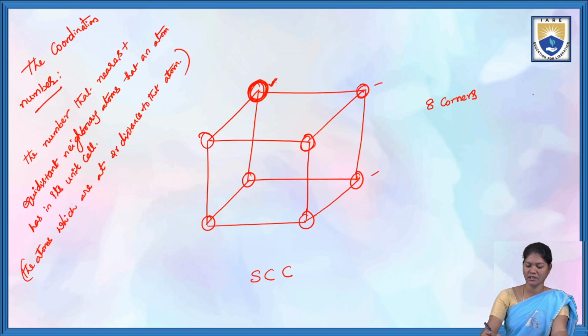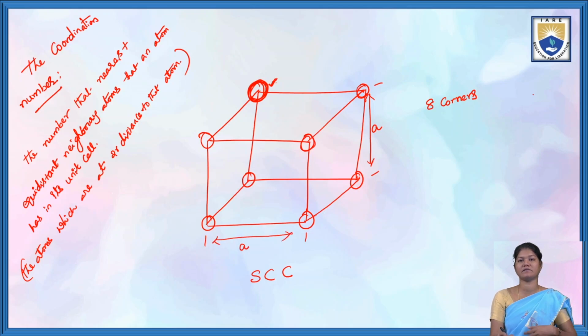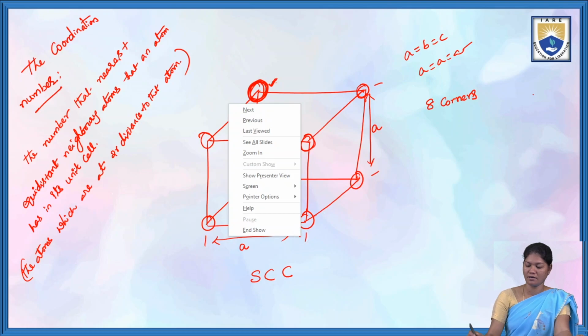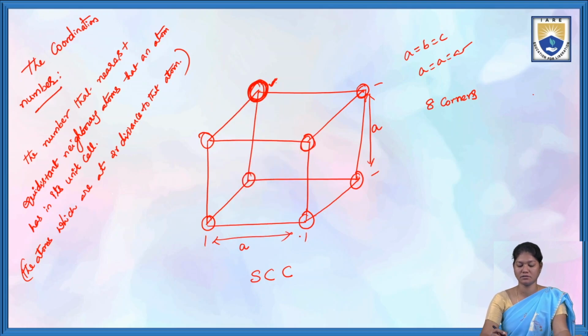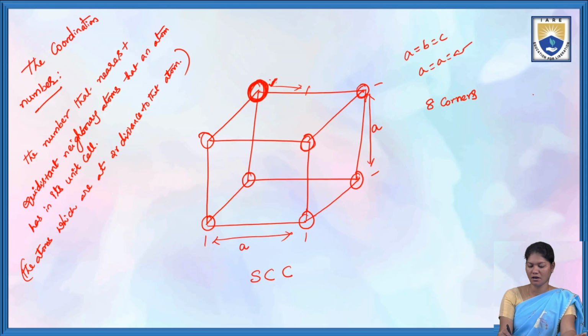Suppose I call the edge length A because it is a cube, where the dimensions are the same: A equals B equals C, so A equals A equals A. So the edge length is A and the atomic radius is R. So, here to here is 2R because half of it is R. So totally 2R distance.